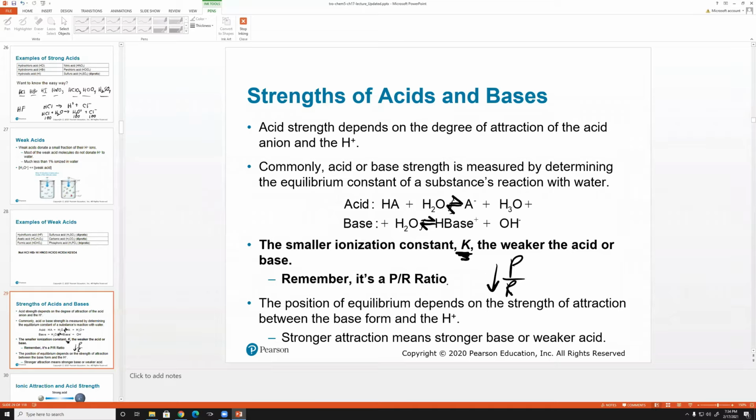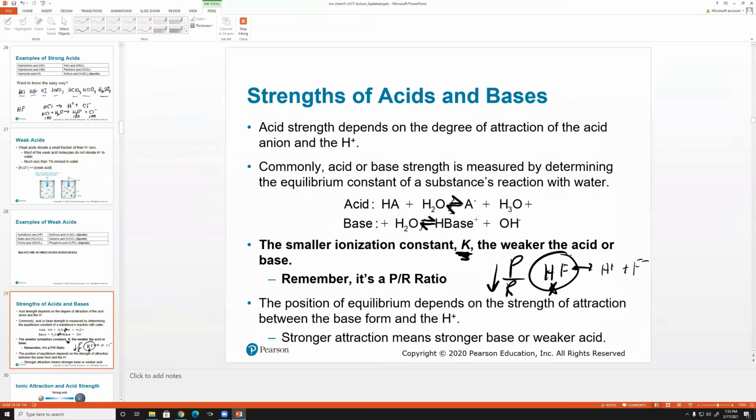In an acid-base reaction, like HF yields H plus and F minus, if it's more towards the reactants, that means it's a weak acid and the percent ionization is very low. So at equilibrium, most of it's going to be here, which means very weak acid. So the smaller the ionization constant, the weaker the acid.